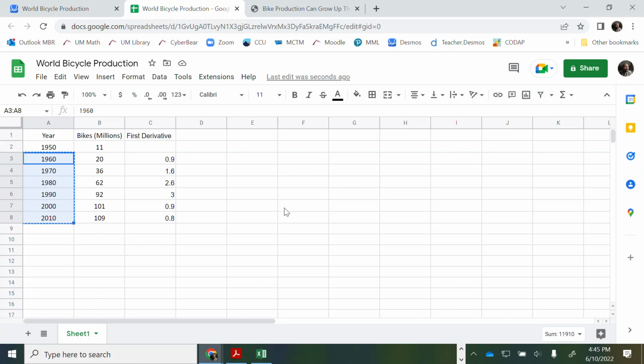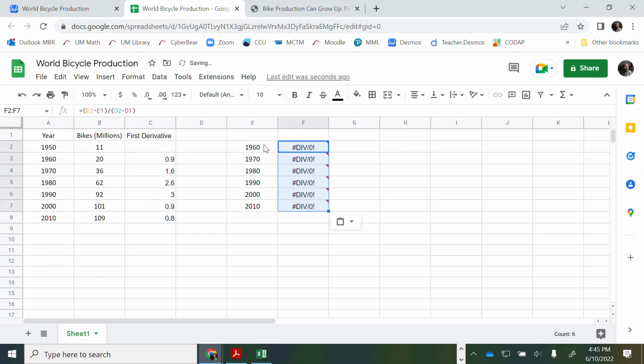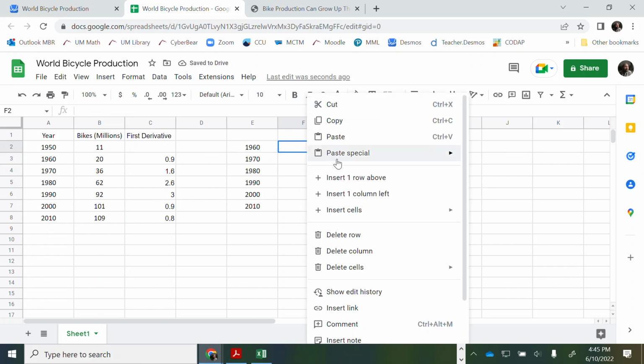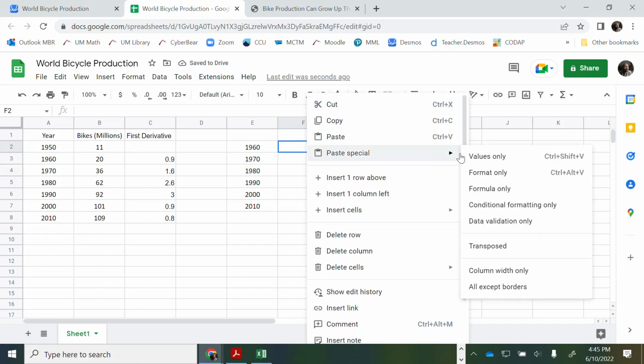I'm using Control C to copy. I'll put it over here. Well, I think I want it right there. And then I'll do Control C to copy. Except I want that paste to be paste special and to do the values only. And the reason I want values only is that I don't want it to copy the formula that's calculating that.